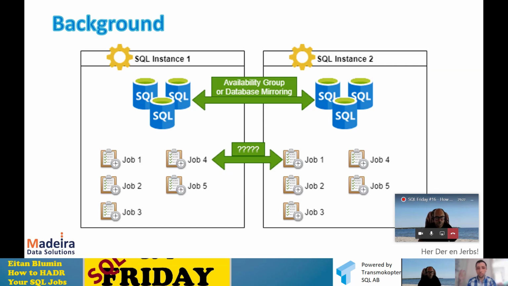And in the event of a failover, these jobs tend to start failing. And on the secondary replica, which is now the new primary, we tend to find that the same jobs are not configured.